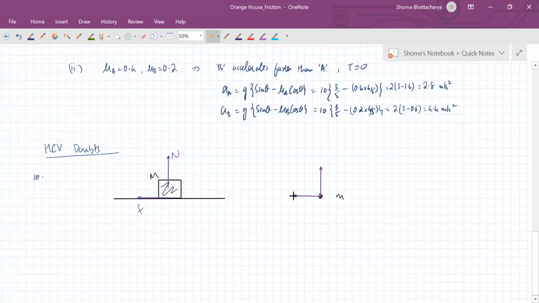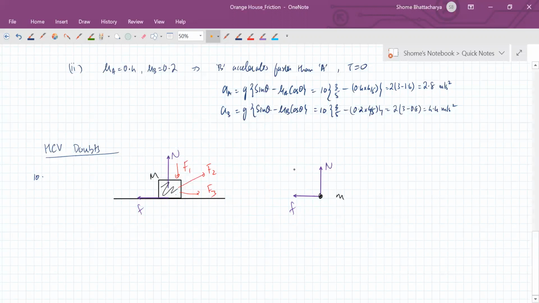Now it's not necessary that normal reaction is equal to mg, because there could be other forces acting also. We don't know. Okay. So there could be a number of other forces acting. So it doesn't really matter. We don't know how much this is. Similarly, it's not necessary that friction is equal to mu N, because it could be that there is static friction and the block is at rest. So friction could be less than mu N also.